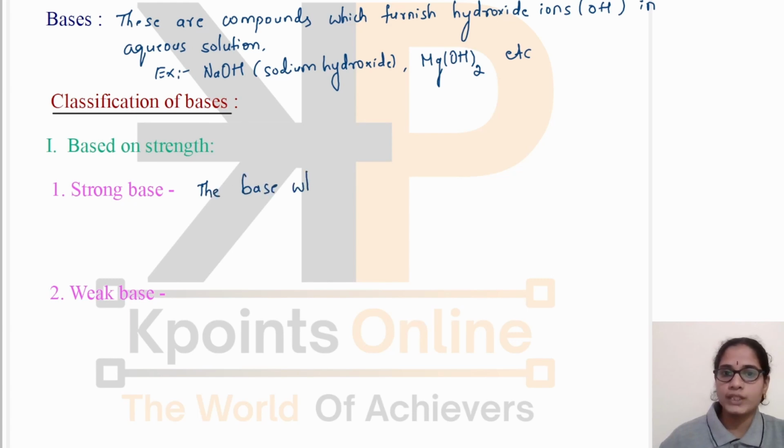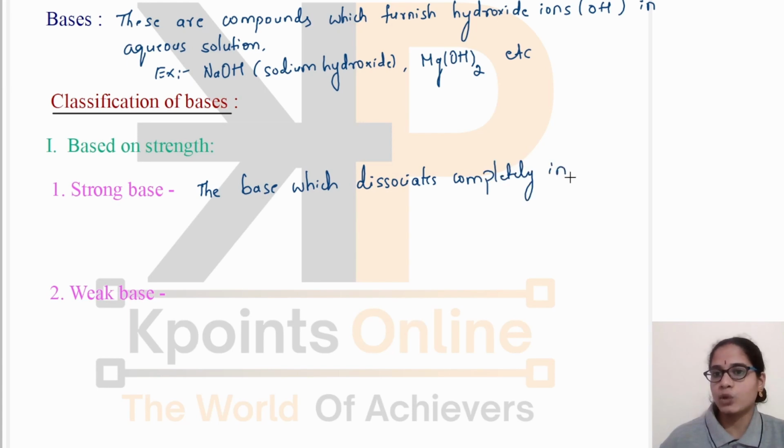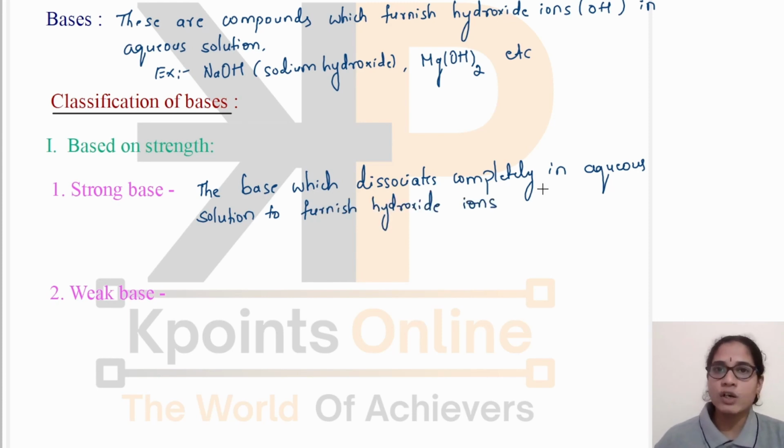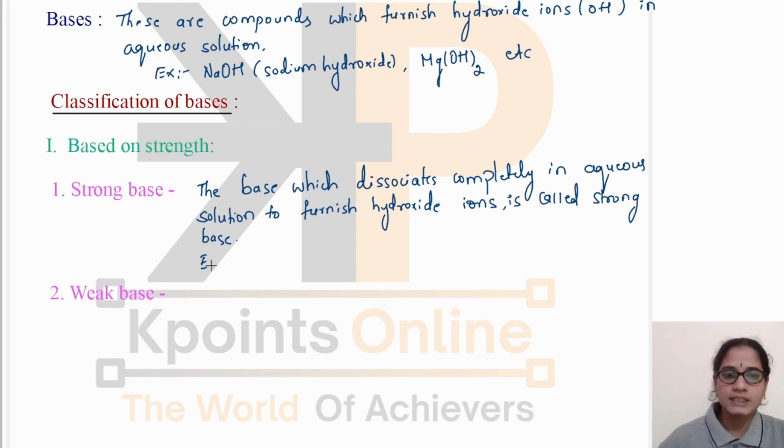The base which dissociates completely in aqueous solution to furnish hydroxide ions is called a strong base. For example, sodium hydroxide and potassium hydroxide are strong bases.